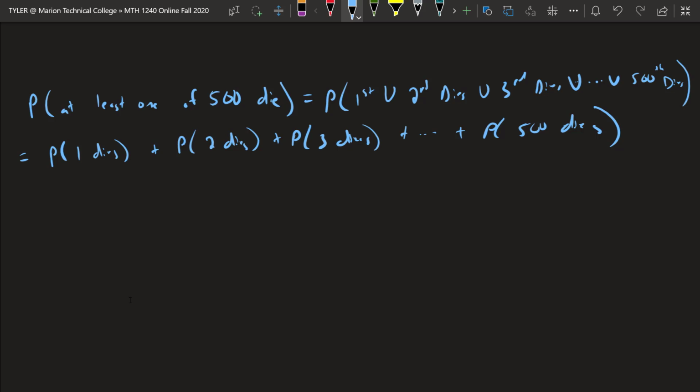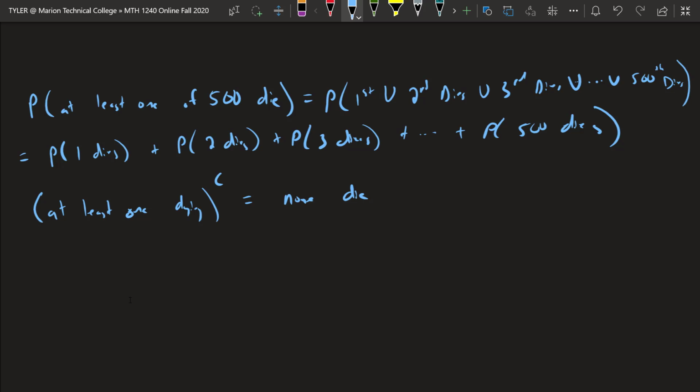Right, so something that we want to notice is that if you take the complement of at least one dying, the complement of that would mean that none die. That's like the opposite, right? So if at least one person dying is the event, the opposite of that is that none are dying.